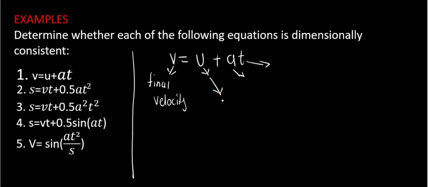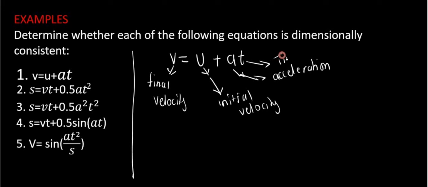Then this one is the initial velocity. Then this one is acceleration. Then this one is time. When you look at this, we're determining whether it is dimensionally consistent or not.